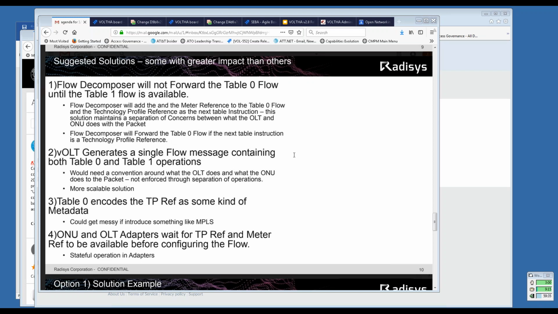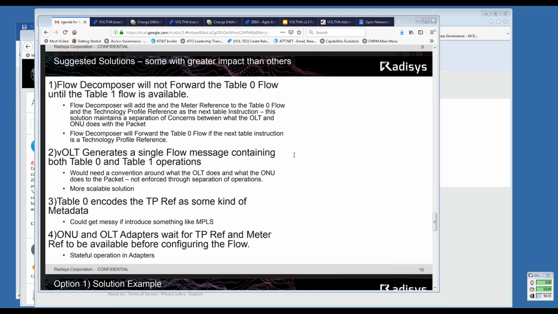In general, I have a quick thought. This seems obvious to me, but I'm probably overlooking something. Regarding idea number 2, why would we not want the flow decomposer to actually perform the function implied by its name and take the single message, decompose it into device-specific flows, and then send it to the OLT and the ONU so that they don't get more information than they need to know, and they are left to interpret that differently across different adapters?